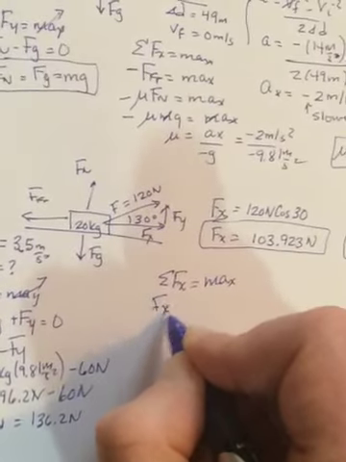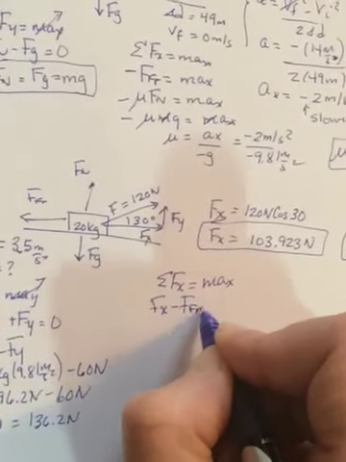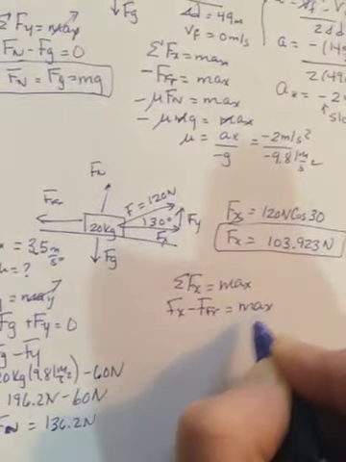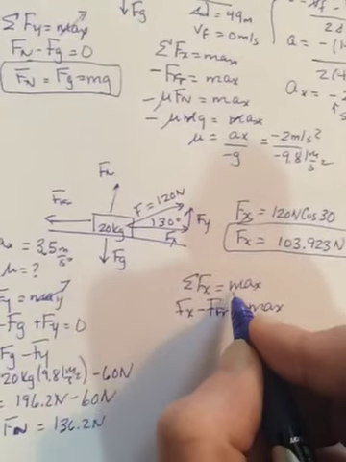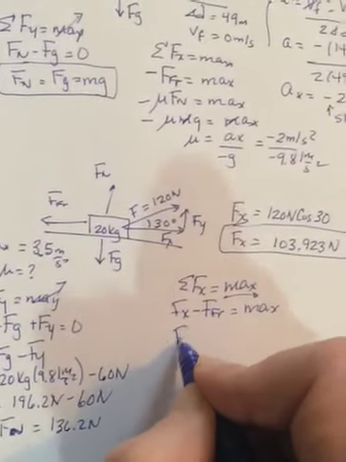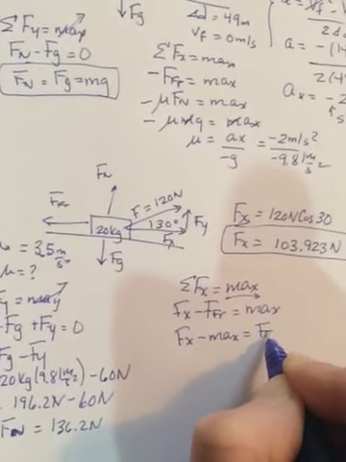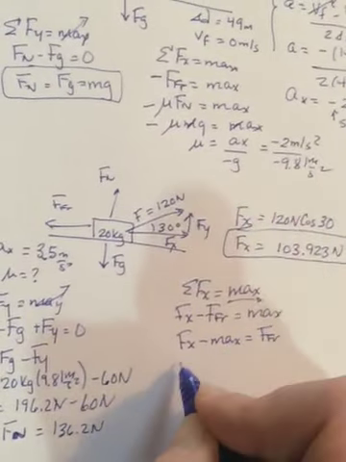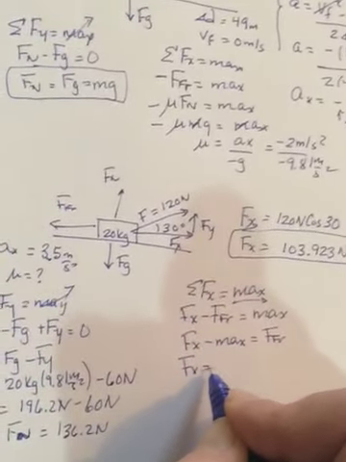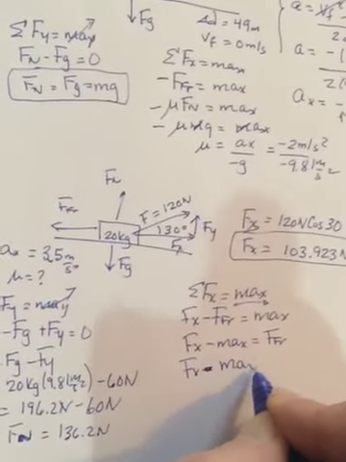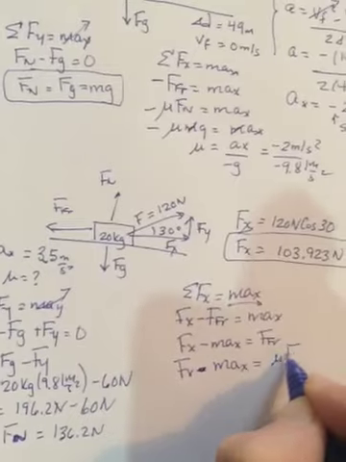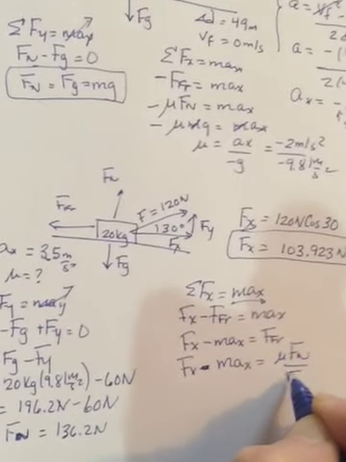Going to the sum of the forces in the x direction, we have Fx minus friction equals max. And we're solving for mu, so take this over. So Fx minus max is equal to friction. And again, I would encourage you, rather than solving for friction, instead fill it in as mu Fn. And then you can divide both sides by Fn.